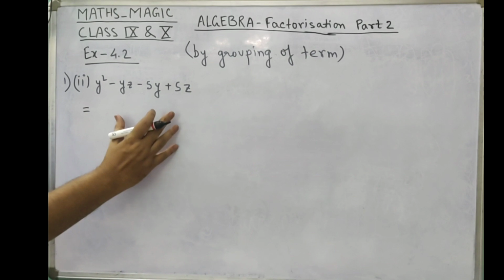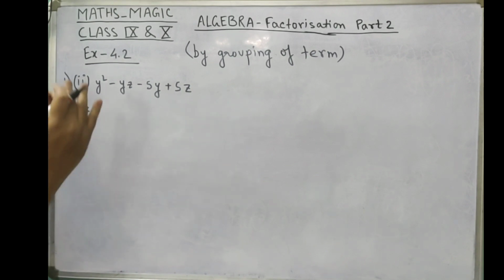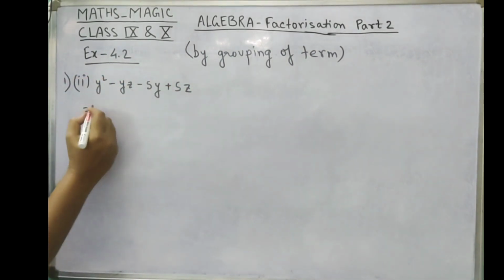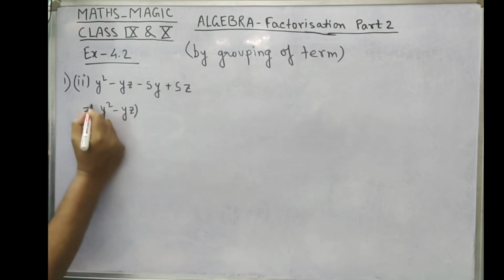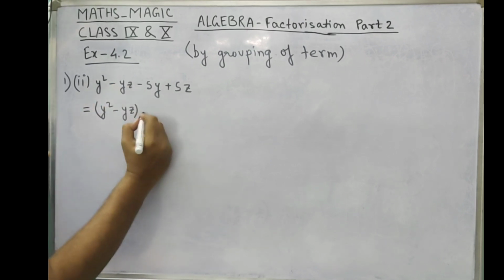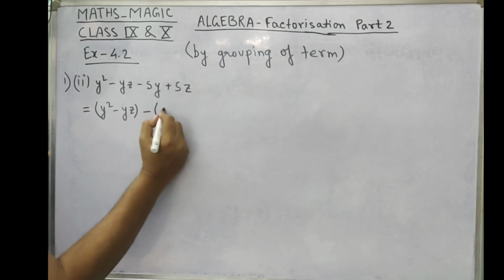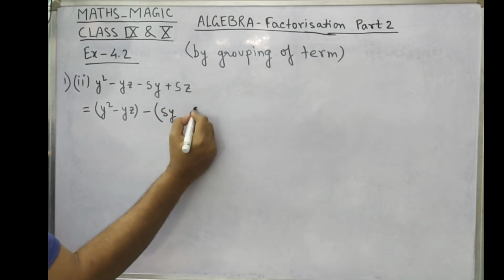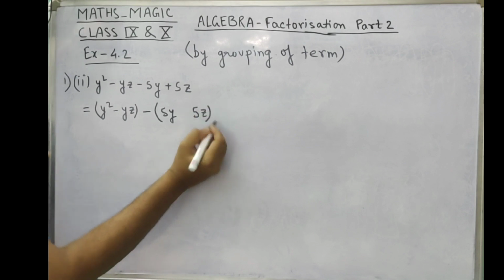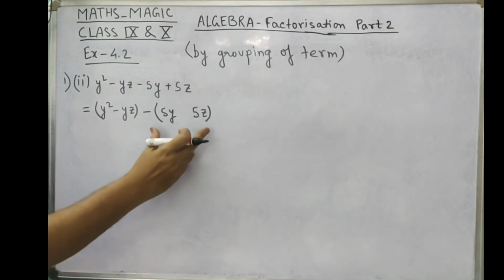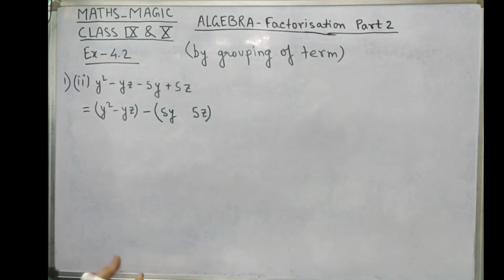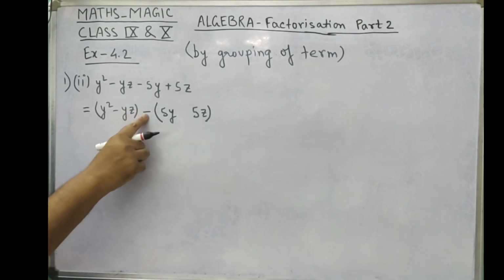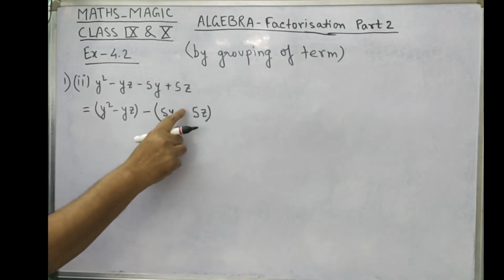Now this is very easy, but first we have to take it into two groups. So I take this into one group, and the other one I take this as a group. Now always remember, whenever you are applying bracket or removing bracket, when there is a minus sign outside, the sign inside changes.